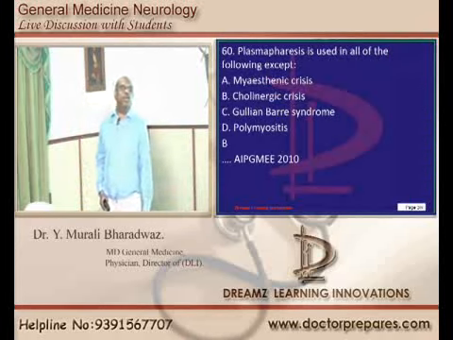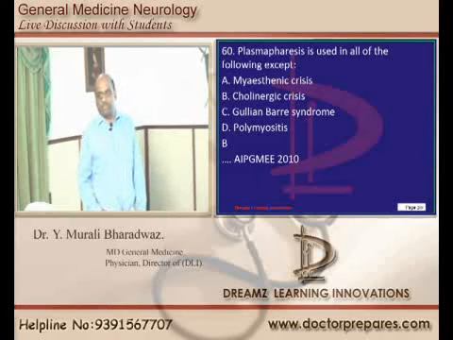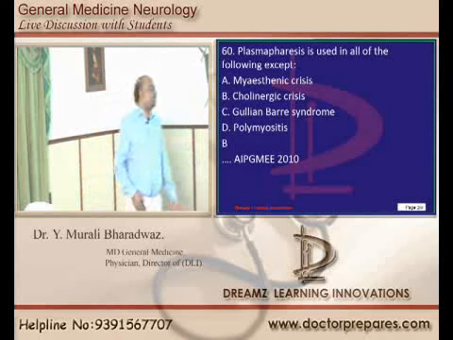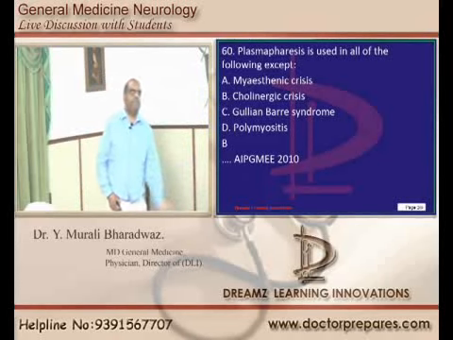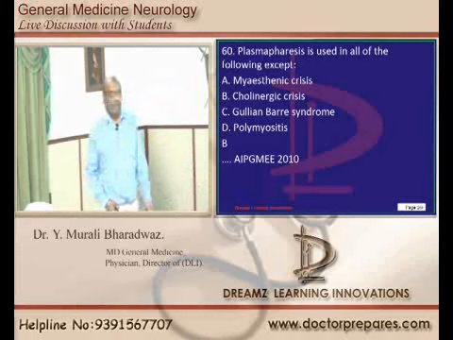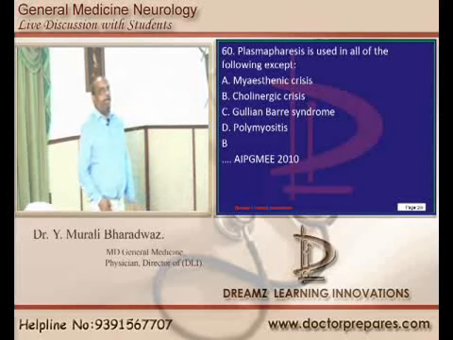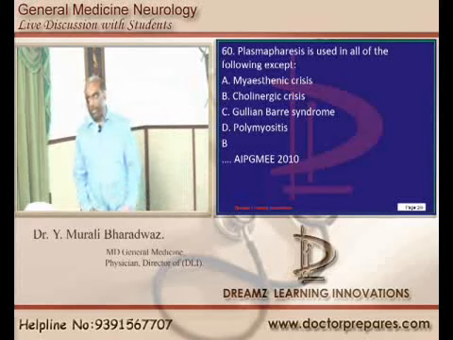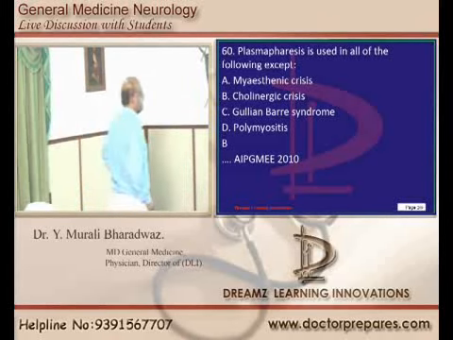In which condition do you want to use plasmapheresis? What do you do in plasmapheresis, doctor? Basically, you will take the plasma of a patient, pass it through a machine, purge out the antibodies from that plasma, and then once more give it back to the patient. So any antibody mediated disorder, autoantibody, you use plasmapheresis.